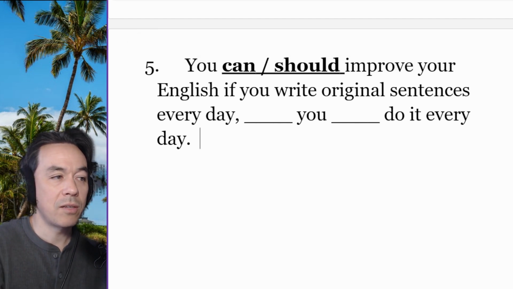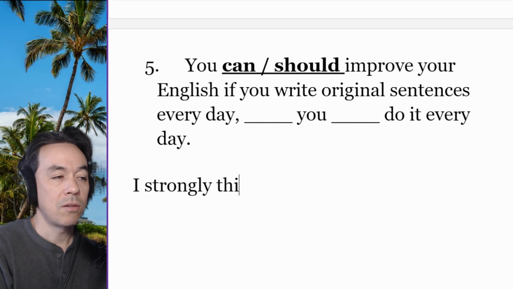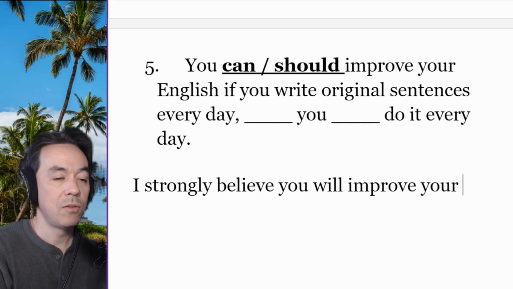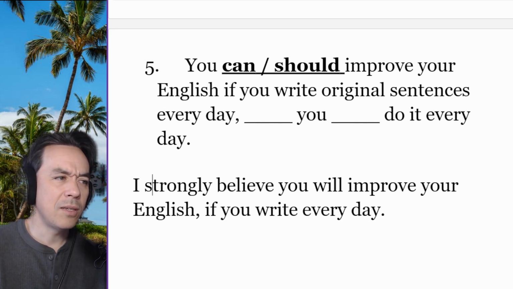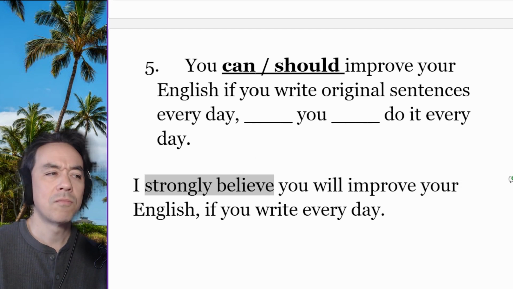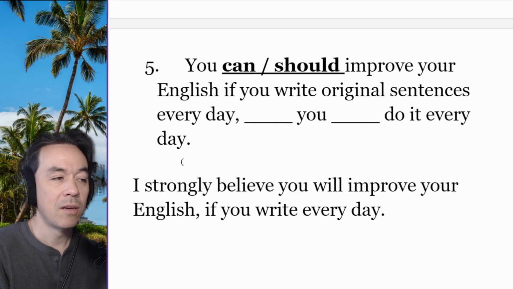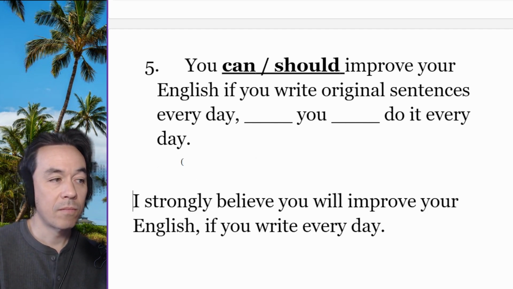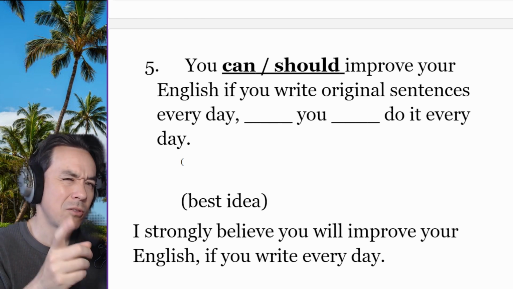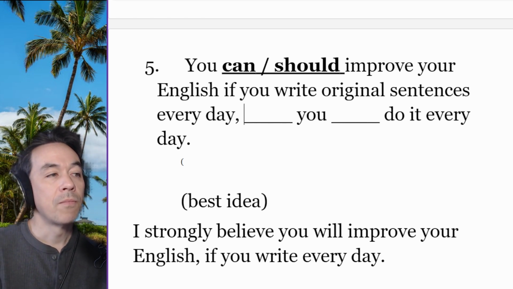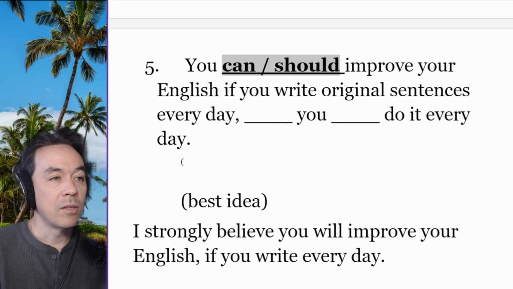I strongly believe you will improve your English if you write every day. So strongly believe, yeah, that's my best sense. So that means my best idea. Okay. So those go there.